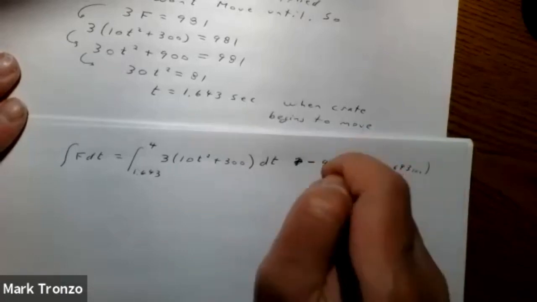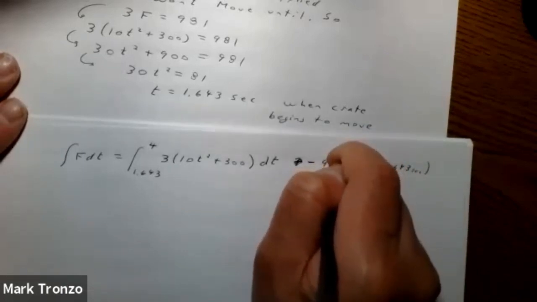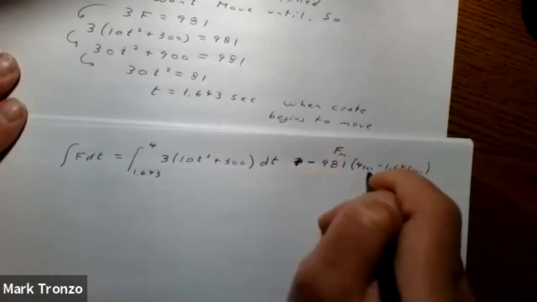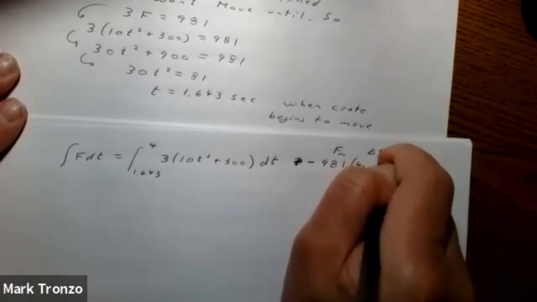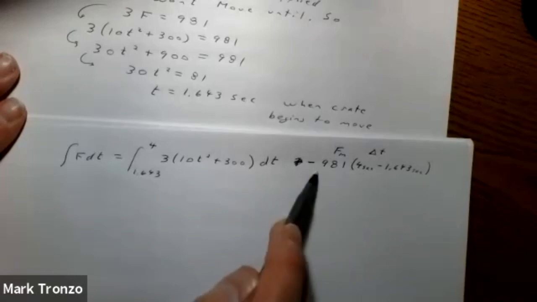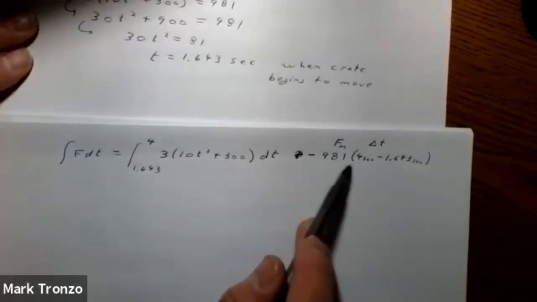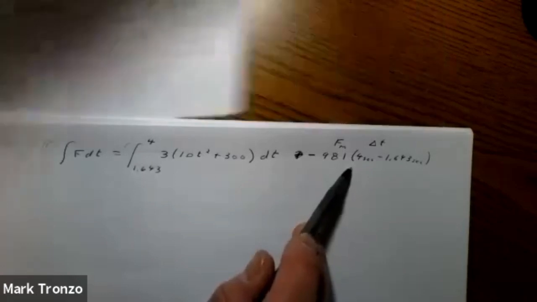In other words, this is going to be our force from the crate, like say from the mass, and this is going to be like delta T. Since that force is going to be constant, we don't have to include it in the integral. You can, but I just made it separate. It'd be a little bit easier to deal with it that way.